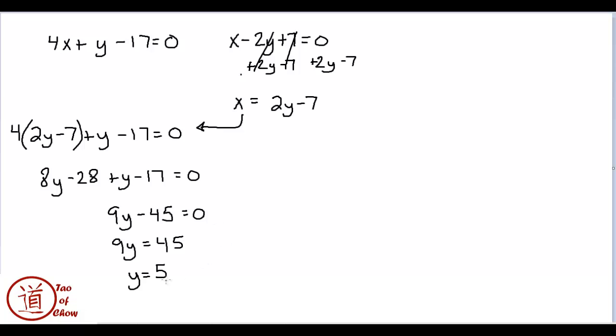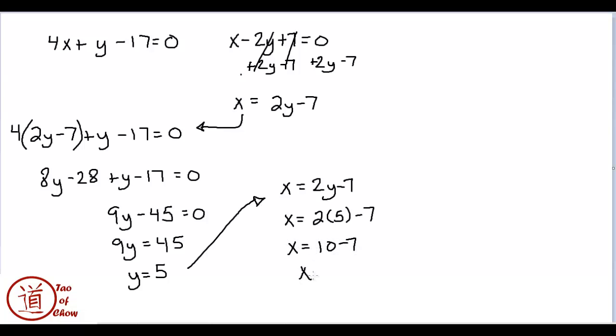Once I know what y is, I can come back over and say, because x is 2y minus 7, I can substitute that y back in. X is equal to 2 times 5 minus 7, so x is equal to 10 minus 7, and x is equal to 3. So the point that satisfies both equations must be x equals 3 and y equals 5.